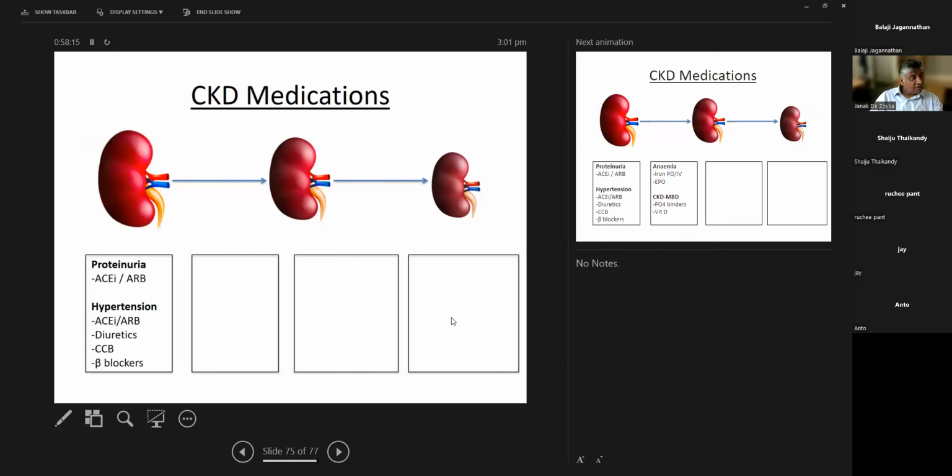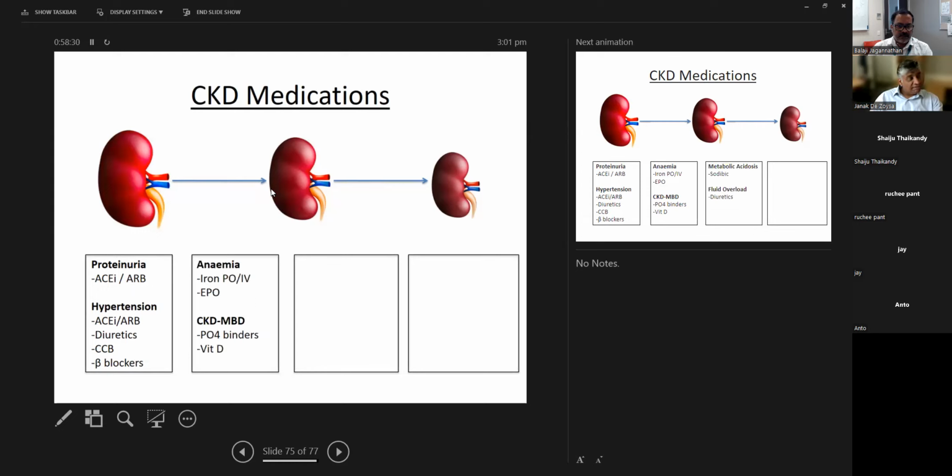So when we think of chronic kidney disease, in the early stage of CKD, the drugs that we're super keen on are the ACE inhibitors or ARBs, and other drugs to control blood pressure, including diuretics, calcium channel blockers, beta blockers.